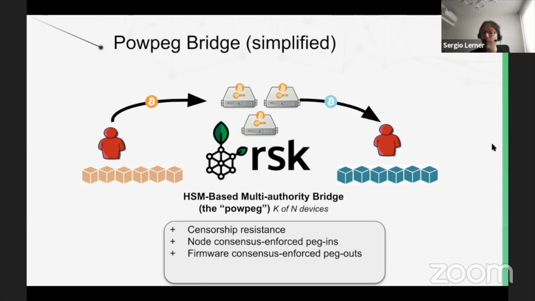So even if I have full control of this box, I won't be able to have access to this private key. And this HSM federation works as a K out of N multisig. So there are currently 11 devices, and you need 6 devices to be in consensus and to be able to perform a peg-out.